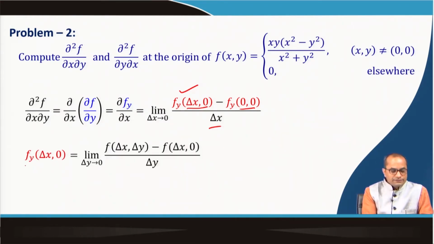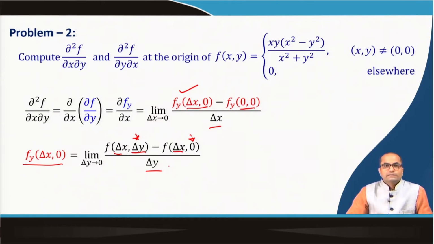As per the definition, f_y(Δx, 0): with respect to y we are computing, so we will have the argument 0 plus Δy, and Δx will remain as it is, and then division by this Δy, and this limit as Δy goes to 0.